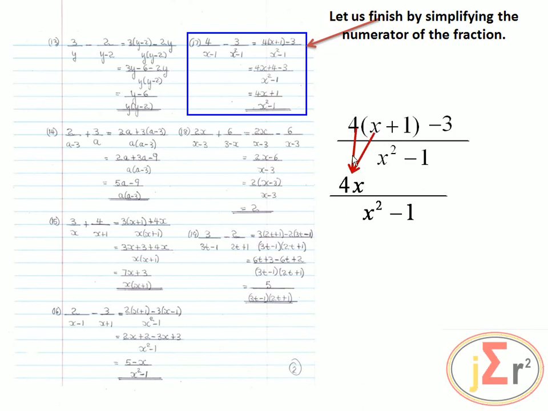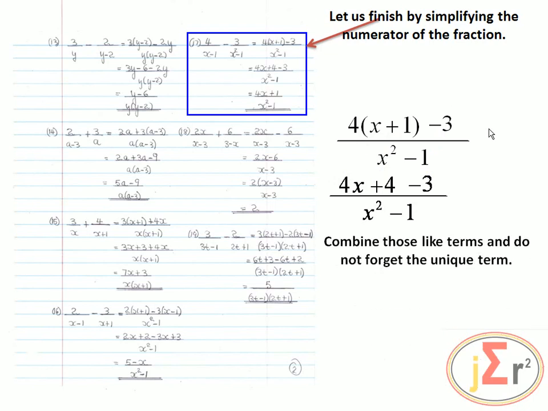Multiplying, also multiplying, and then this one will return with nothing to multiply, return as it is. And what do we know? Combine those like terms, and do not forget the unique term. That 4 minus 3 is a positive 1, and the unique term goes back right there as usual.